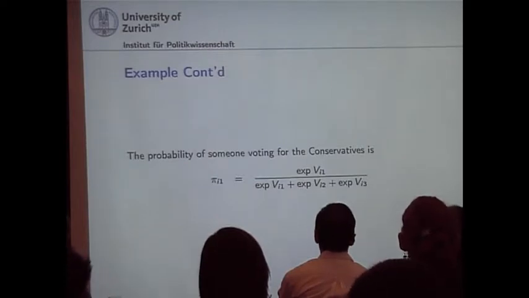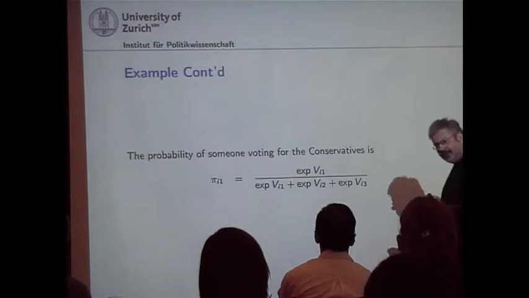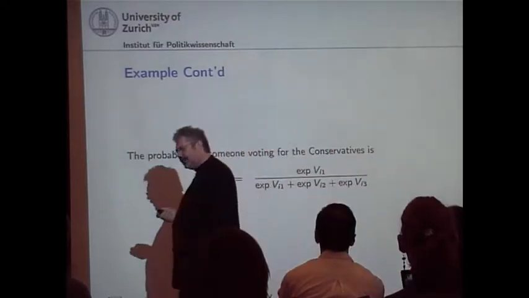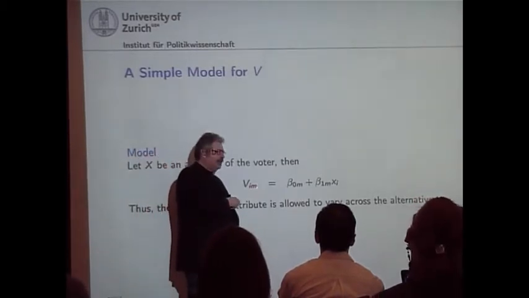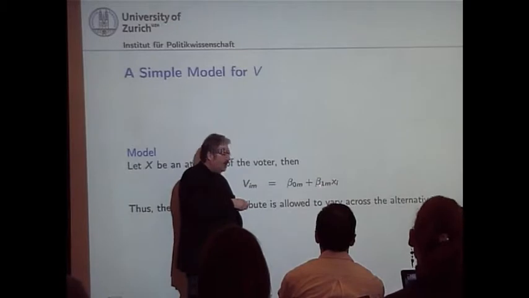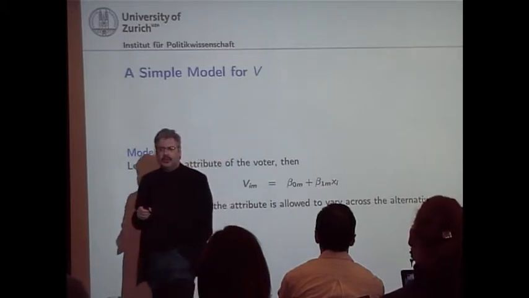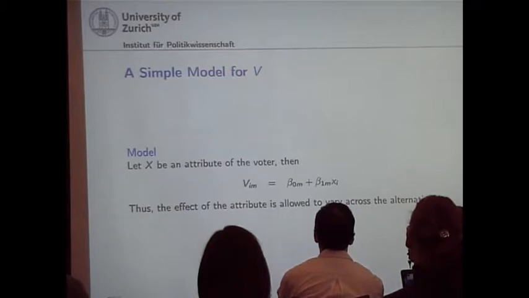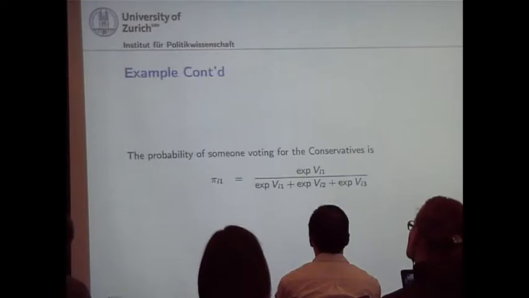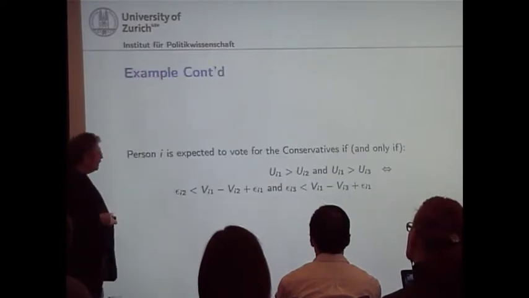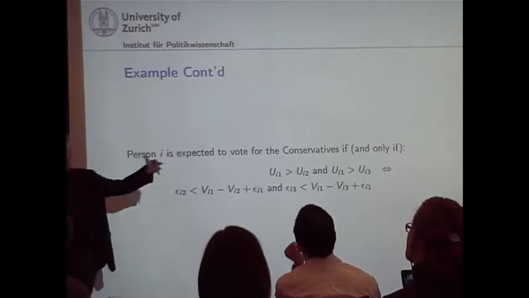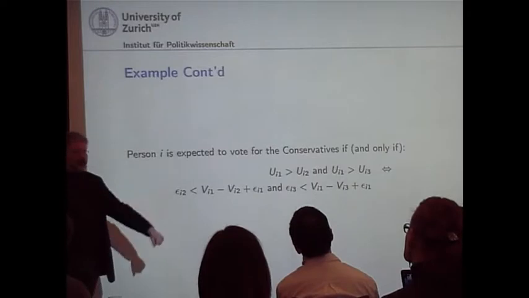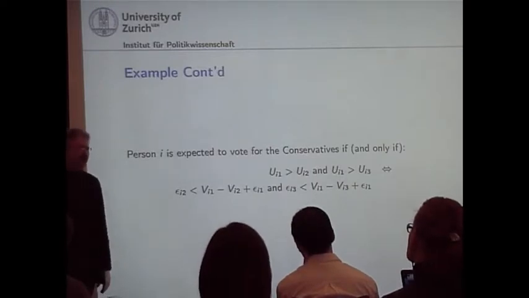And that means we have to get rid of one of the V's. How would we do that? For one of the alternatives, we set beta 0 and beta 1 equal to 0. That then becomes the so-called baseline alternative. And you can say, well, that seems like a crazy thing to do, because why would you arbitrarily fix the utility for, say, the conservatives to 0?